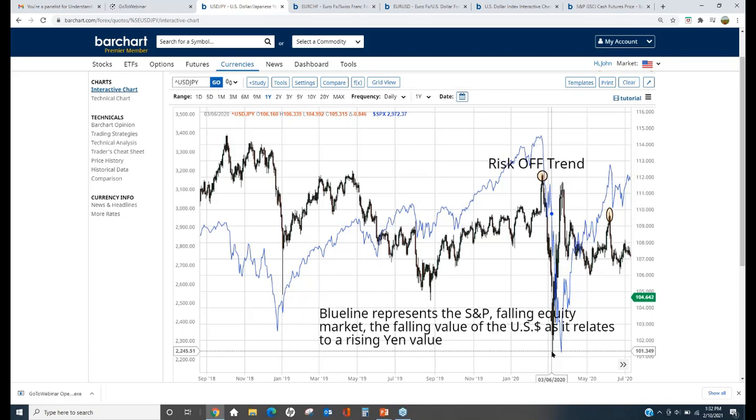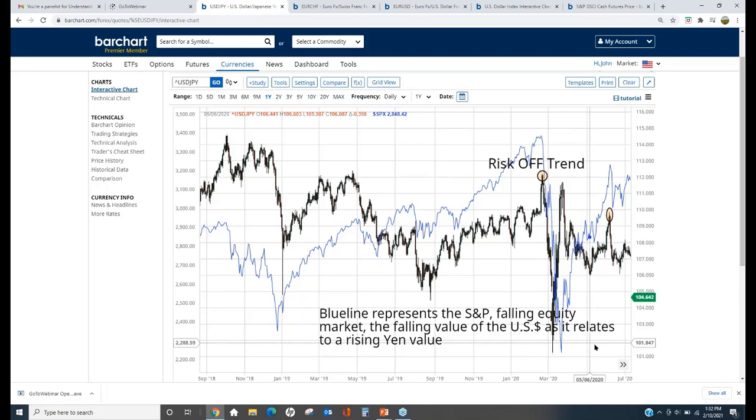What it really says is that when the world gets fearful, or when there's some kind of event that creates misery, right? COVID, for instance, money flows into the Japanese yen because they believe that it's a safe haven. So thank Ed for that discussion in terms of a risk off and the yen as the currency of misery.